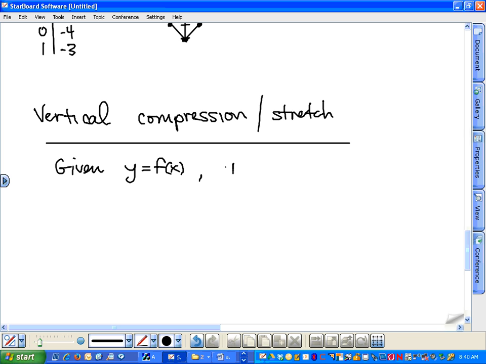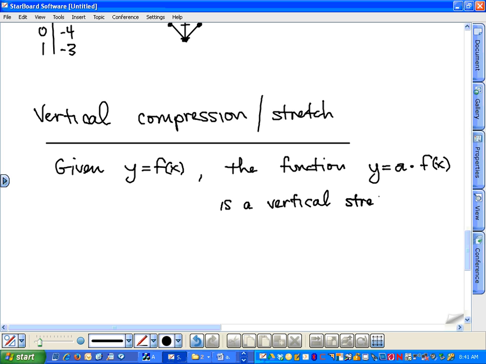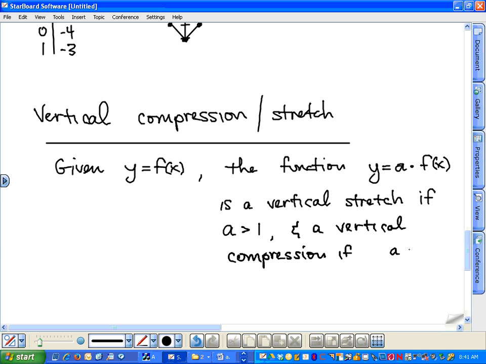Given y equals f of x, the function y equals a times f of x is a vertical stretch if a is greater than 1 and a vertical compression if a is less than 1 but still has to be greater than 0. So a has to be something between 0 and 1.